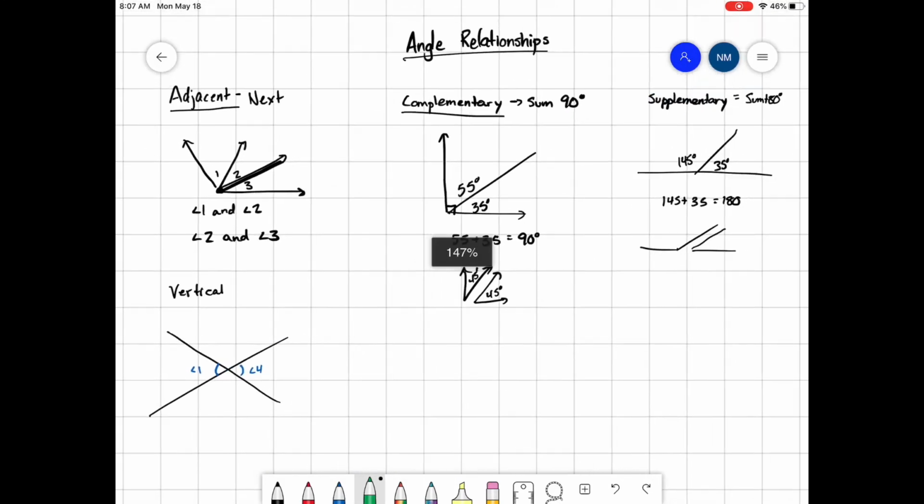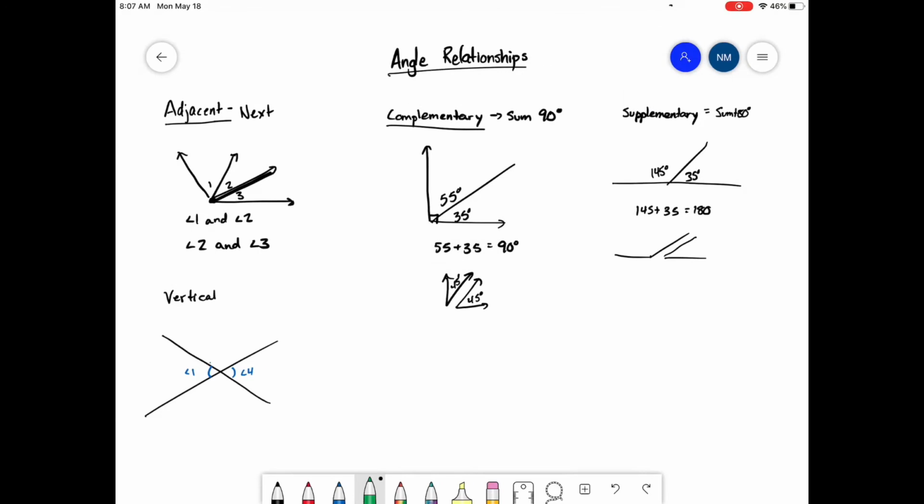As long as these 2 angles, we'll call those angles 2 and 3. So when they're across from each other like that, they have the same measure. They're equal. So those are the basics of our angle relationships.